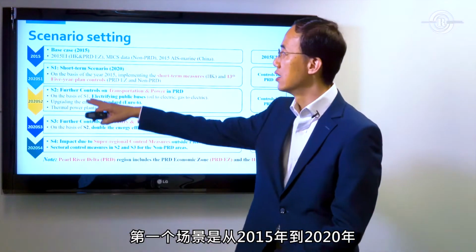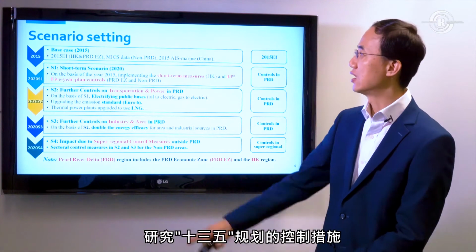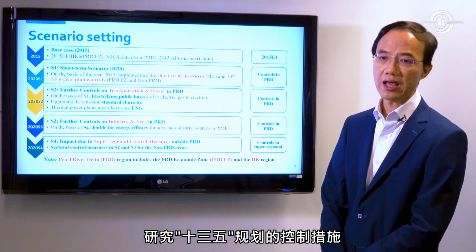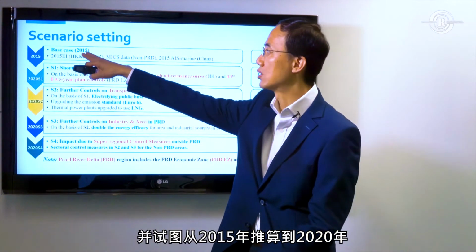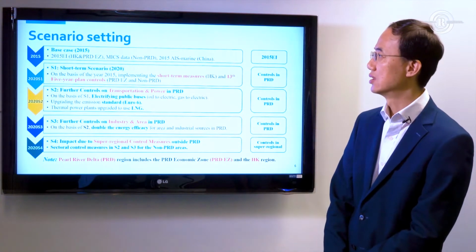The first one is from 2015 to 2020. We study the control measures of the 13th Five-Year Plan as well as the Hong Kong government's control strategy, and try to project from 2015 to 2020 what the air quality reductions are.